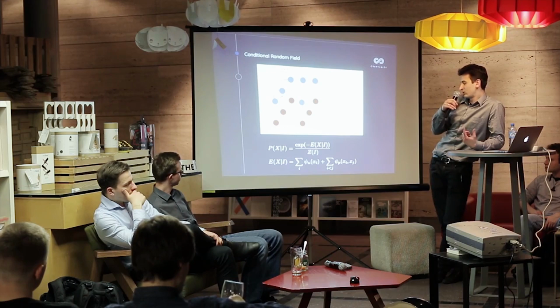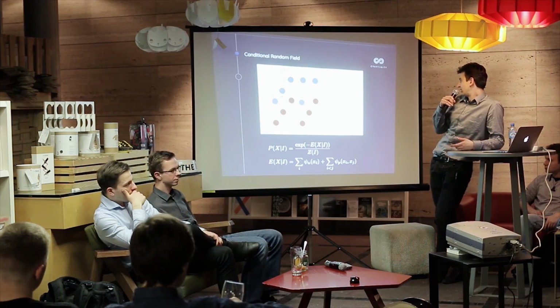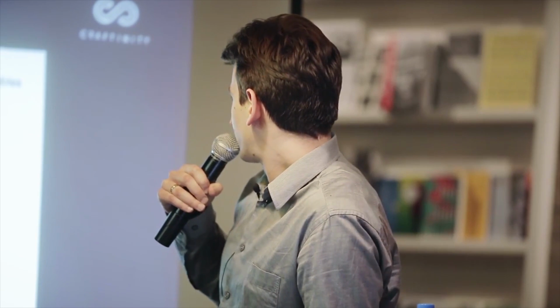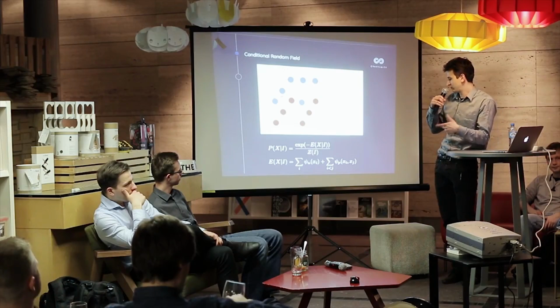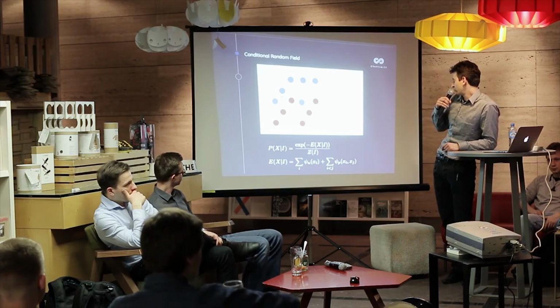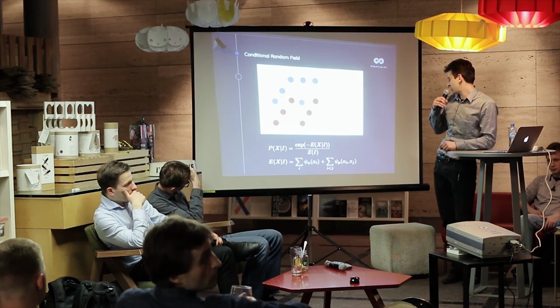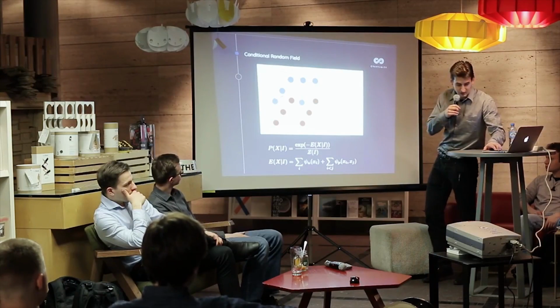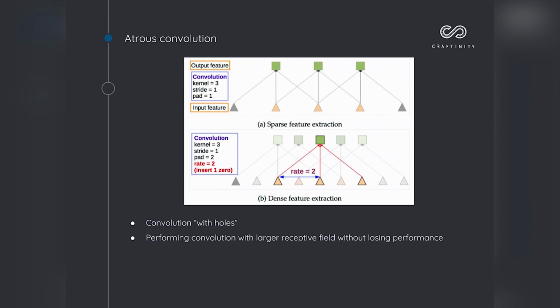The first one is the so-called unary potential involved with every x, and pair potentials, which take a pair of x's. So the deep CNN gives us the unary potential. Okay, and that would be everything about CRF, and later this convolution with holes. The other name is atrous convolution.